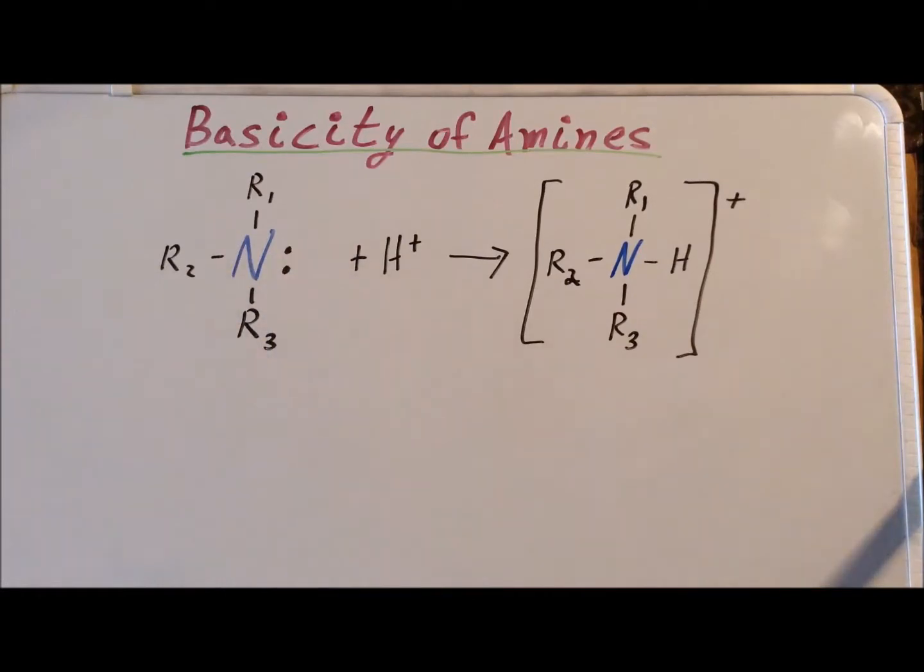Since both of the electrons came from the nitrogen, we call this a coordinate covalent bond, but once the hydrogen has bound to the amine, each of these four bonds is indistinguishable, except to the extent that R1, R2, and R3 are distinguishable from each other.